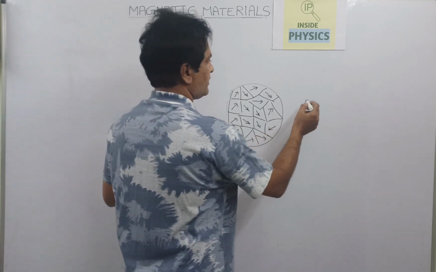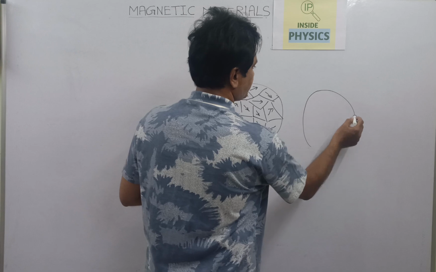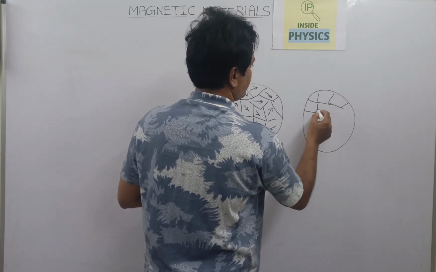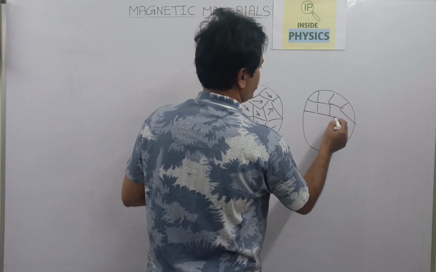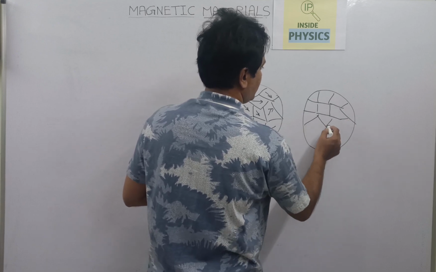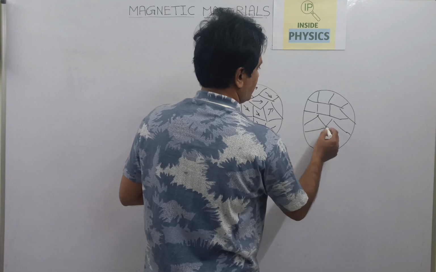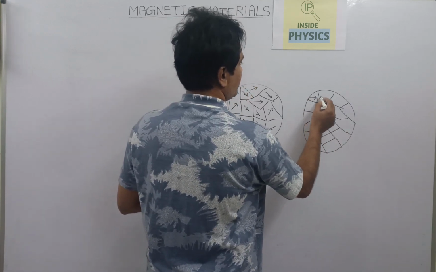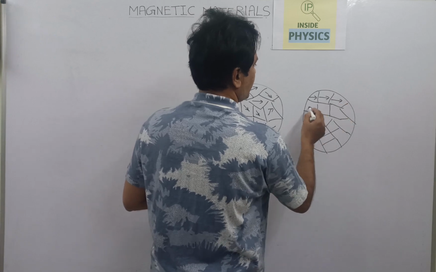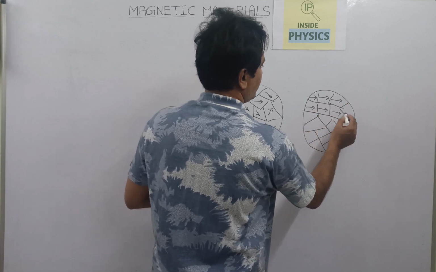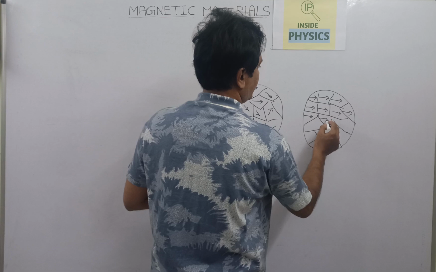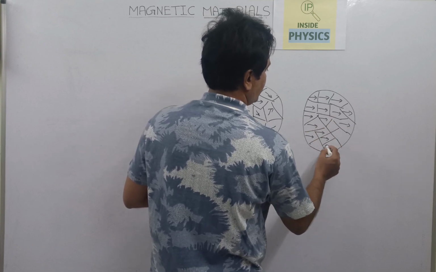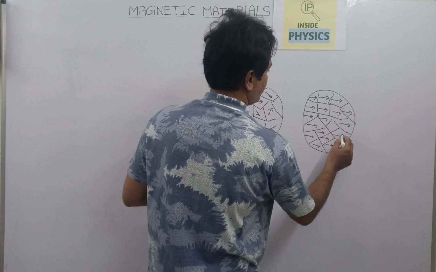So when an external magnetic field is applied, each domain remains, the space of the region will remain the same, but what changes is the orientation of each magnetic dipole. It will be oriented in the direction of the field, amounting to a net magnetic moment.